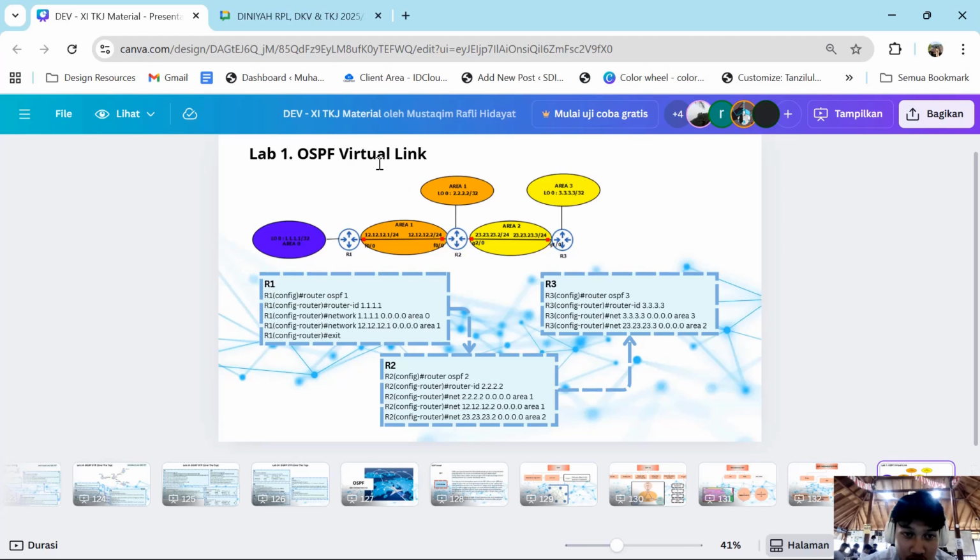One solution is to use a virtual link, because router 2 and router 3 are not connected directly with the backbone area. So one thing that can fix this problem is to use a virtual link to connect router 2 and router 3. So what does virtual link mean?